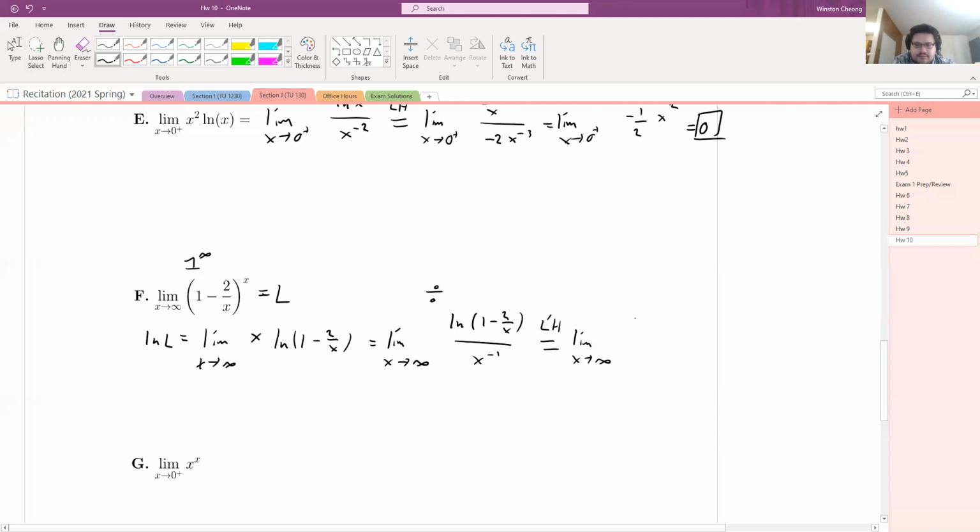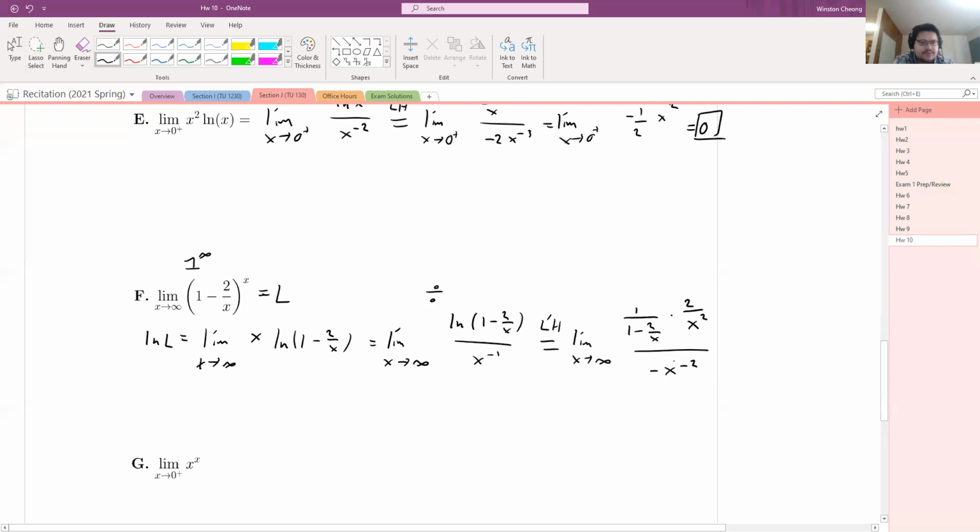Okay, so now we get the derivative. And this is a little bit messy. The derivative of the inner function is going to be 2 over x squared. And then the denominator is going to be, well, don't really need to say -1, it's just negative x to the negative second. Okay, now we have to simplify this a little bit.